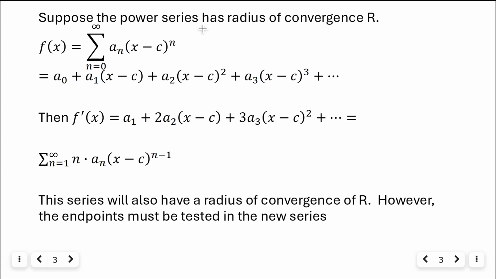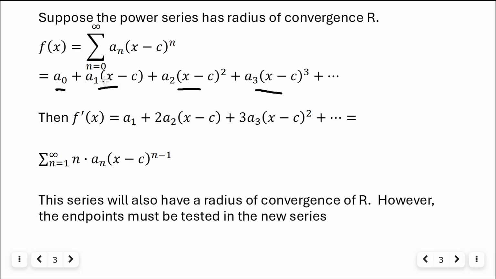Suppose this power series has some radius of convergence called r, and this is the function that it represents. Then the derivative of f of x would be the derivative of this series, which means it's the derivative of each one of these terms, an infinite number of them. So the derivative of a0, a number, is 0.